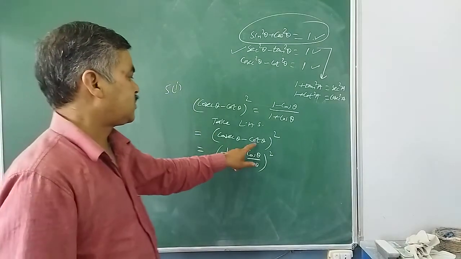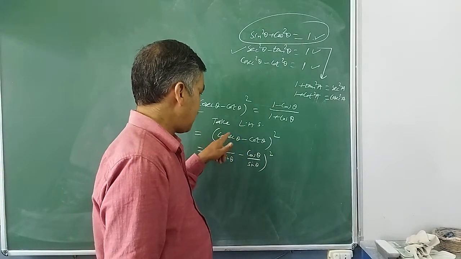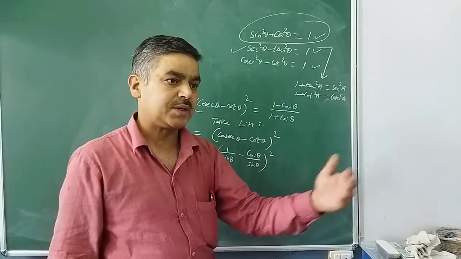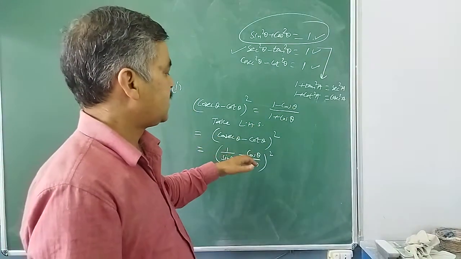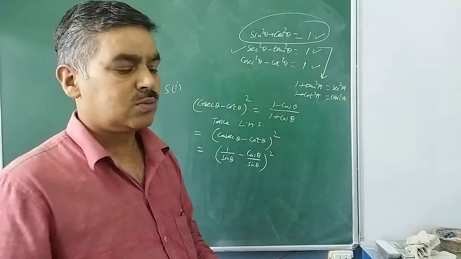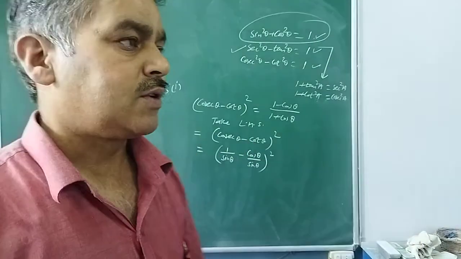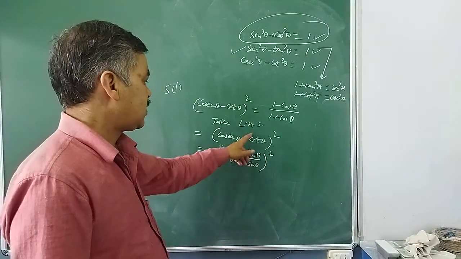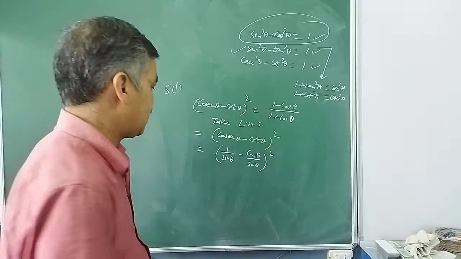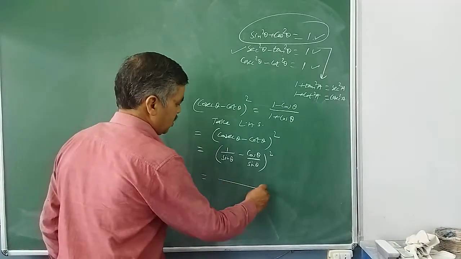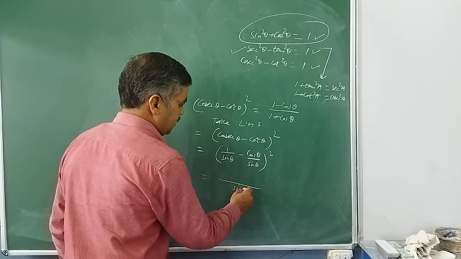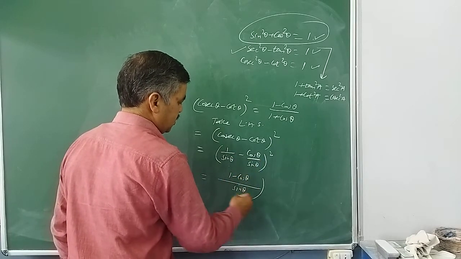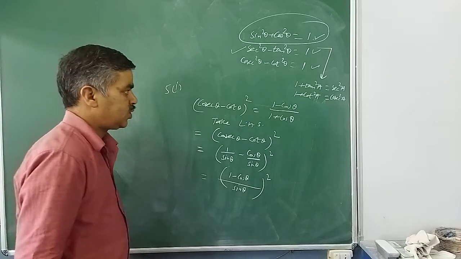I did not expand that as a minus b whole square, because then I would need to go for cosec square theta, cot square theta and all, so more complications will be there. First of all, it is better to take the reciprocal of cosec in terms of sine and cot also in terms of cos and sine. Now let us take the LCM sine theta, and here it will be 1 minus cos theta. Very comfortably I can do that.